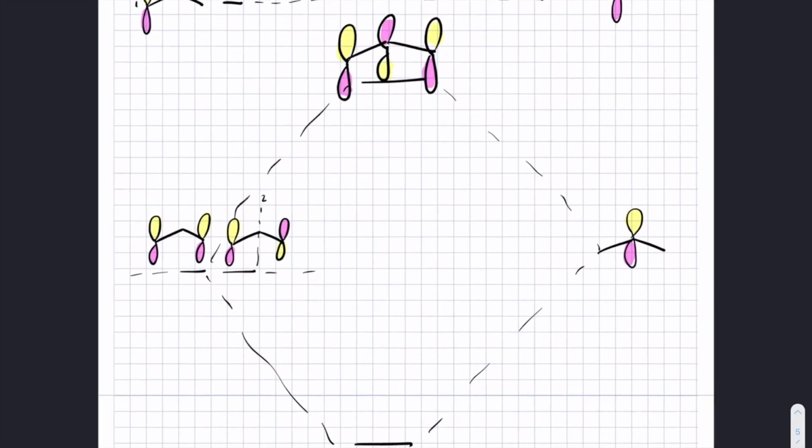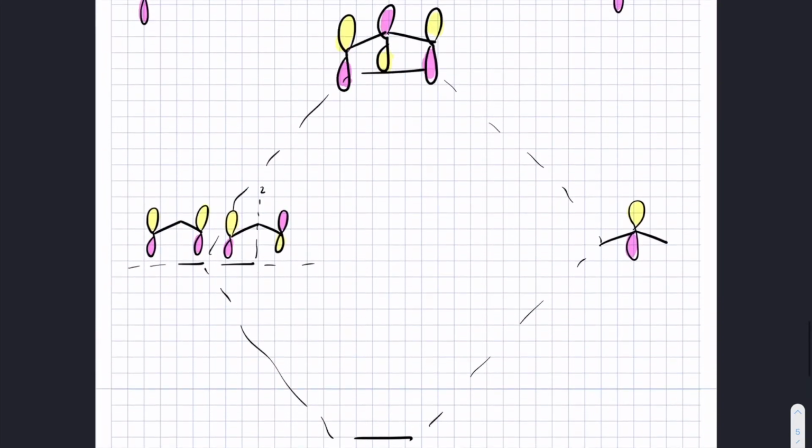Okay. And then what about trying to mix these two? Well, you can't, because carbon 2 is on the node there. So there can't be any orbital density on carbon 2. There can't be any mixing of carbon 2 with this second orbital that we've got, so it just stays unchanged.